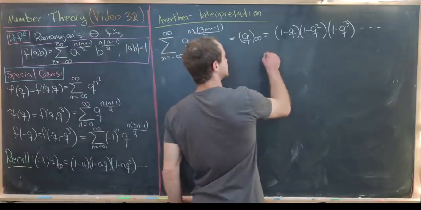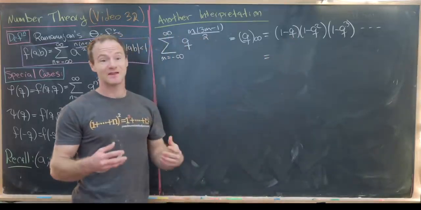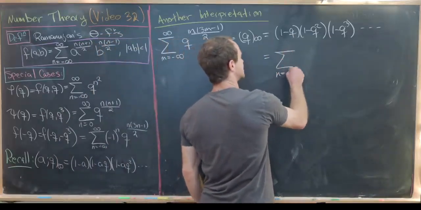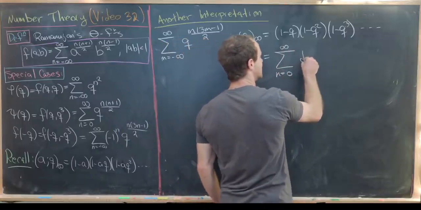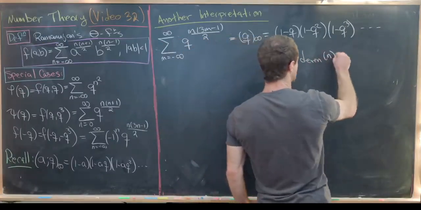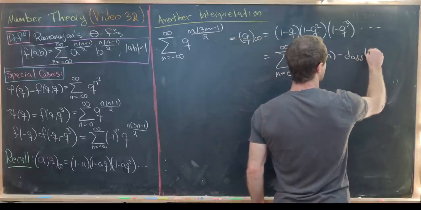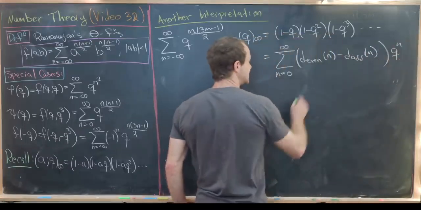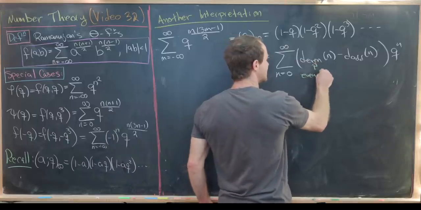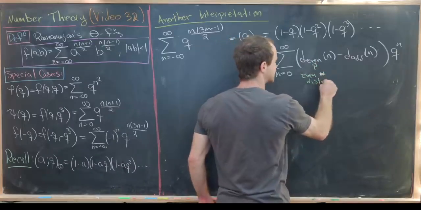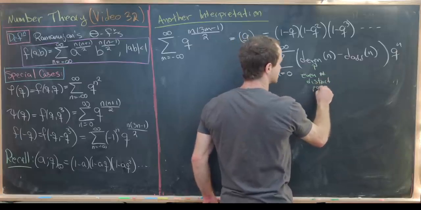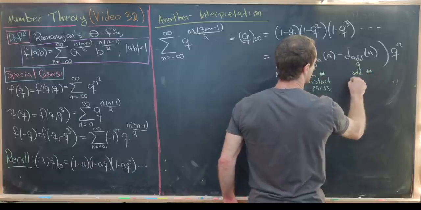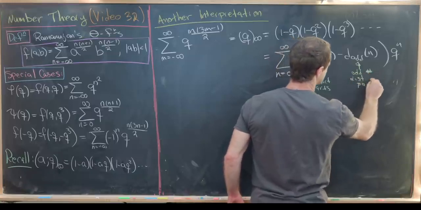So that means this is exactly that type of generating function. So just to reiterate, this is the sum as n goes from 0 to infinity of, I'll call it, d_even(n) minus d_odd(n), times q to the n, where this d_even(n) is an even number of distinct parts, and this d_odd(n) is an odd number of distinct parts.